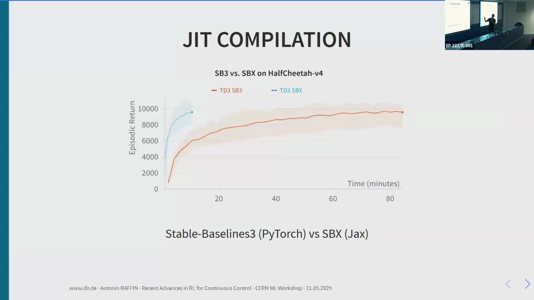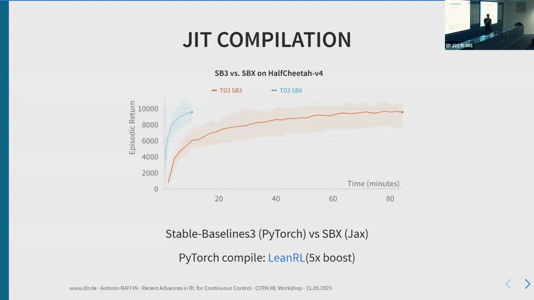Because you can do things much faster, you can also use algorithms which are normally too slow to run on real robots. And that's what I actually did. In the video I showed, the DroQ algorithm would just not have been possible to use on the real robot without JAX. On the real robot, I was able to do 10 gradient updates at 30 Hz. So it was really, really fast.